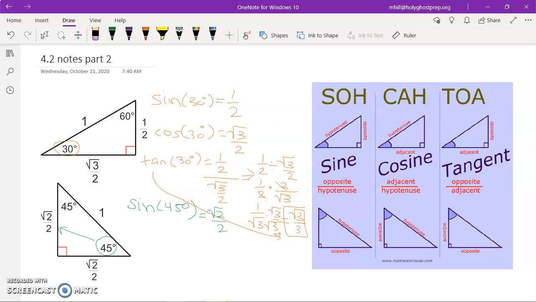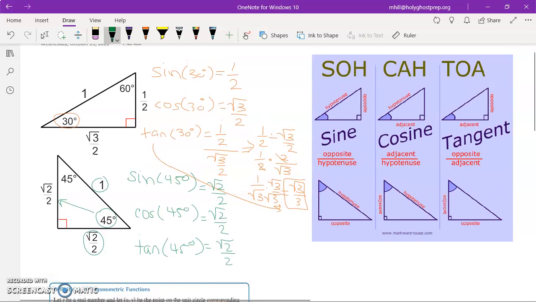We get to leave it just as the opposite. Cosine of 45 degrees is adjacent over hypotenuse, but since the hypotenuse is 1, we can just focus on the adjacent side.